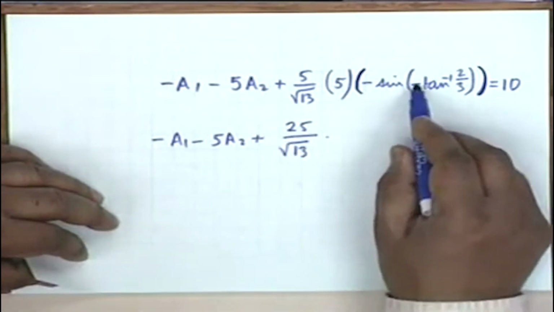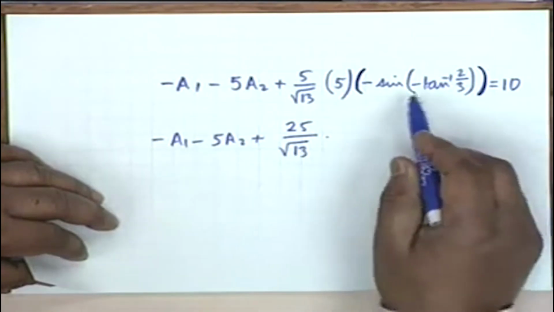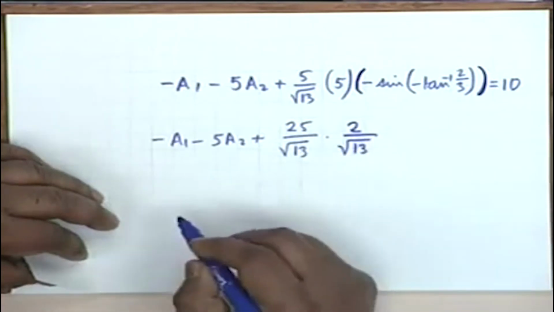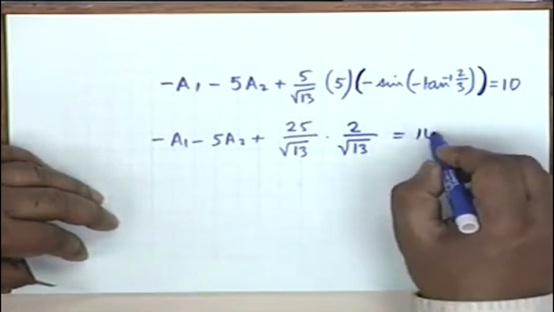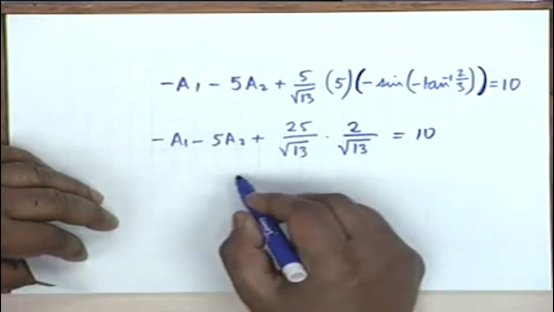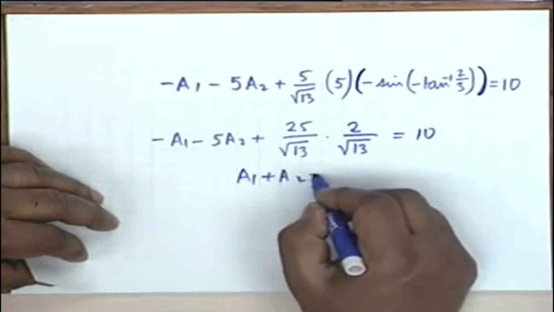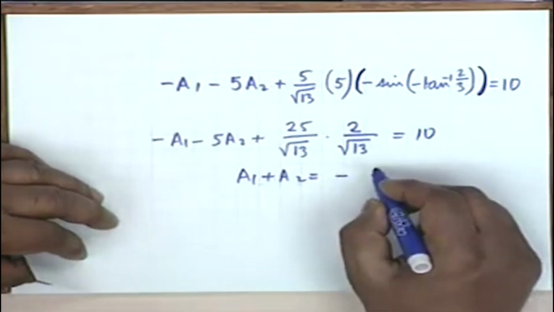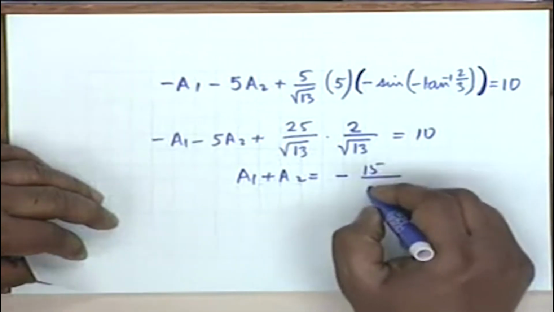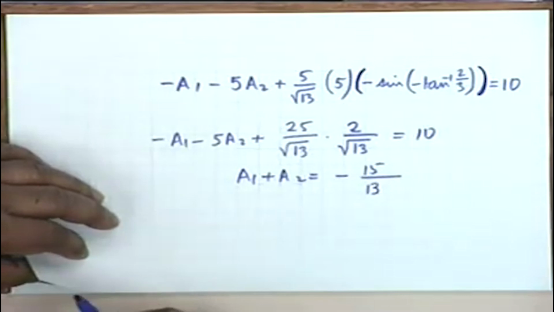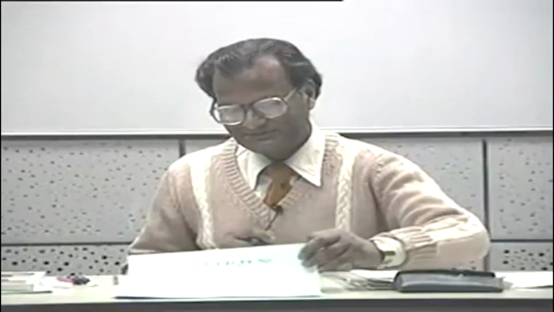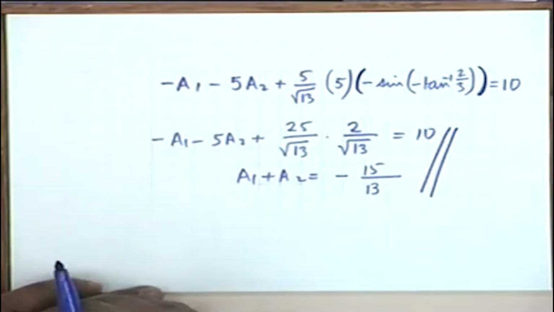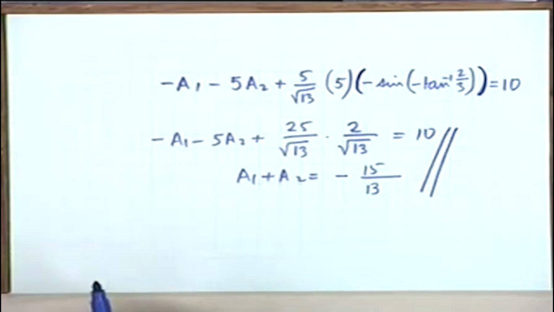Now minus minus will make plus, and sine of this would be 2 by root 13, and this would be equal to 10. The other condition, as you know, was found out as A1 plus A2 equal to minus 15 by 30. So these are the two equations that you have to solve now to find out A1 and A2.